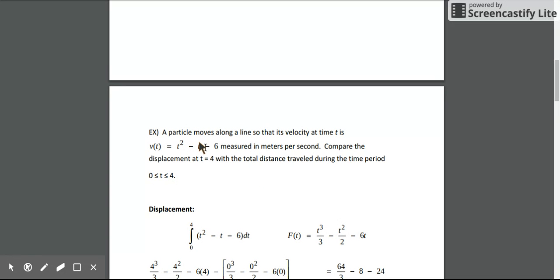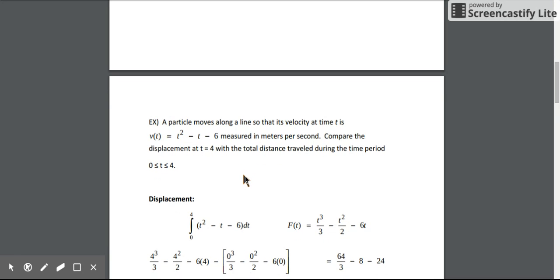So given a particle moving in a horizontal manner with this as its velocity, measured in meters per second, we're going to find the displacement after 4 seconds, and we're going to find the amount of distance traveled by this object after 4 seconds.